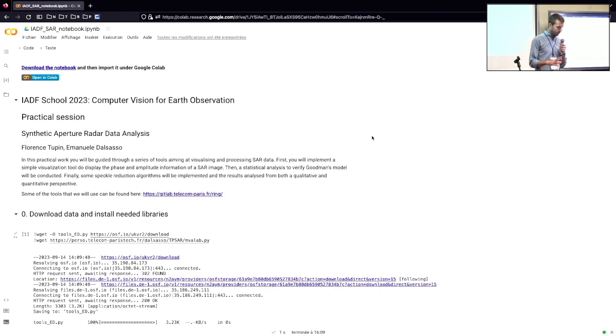We are going to work with images from different sensors. We are not going to download the images from, for instance, the ESA website or the DLR website. I already have downloaded some images, but I think that you all know that Copernicus data are freely available. There are different ways to download this data.